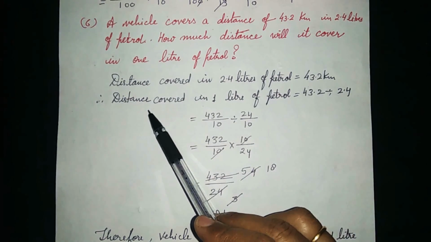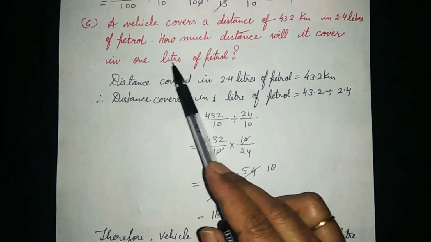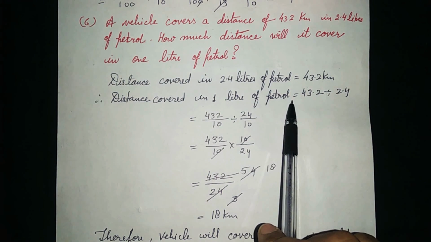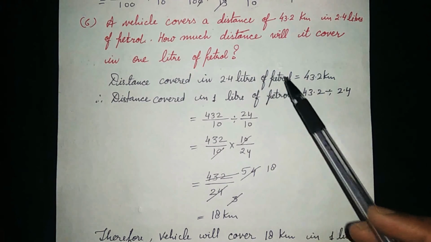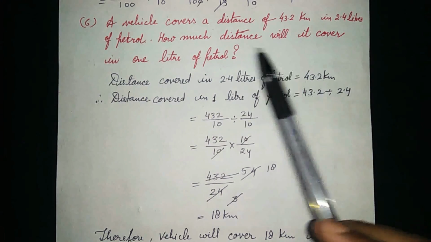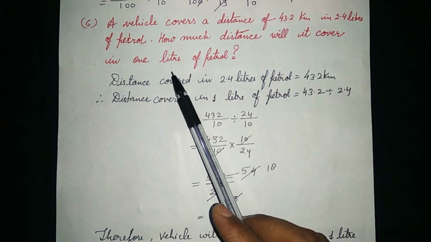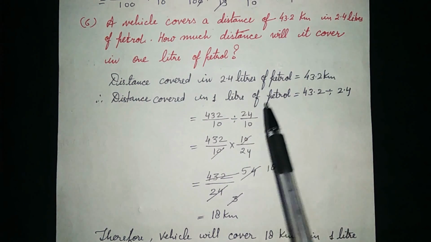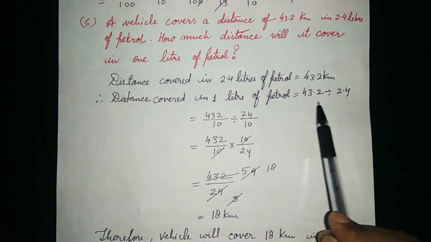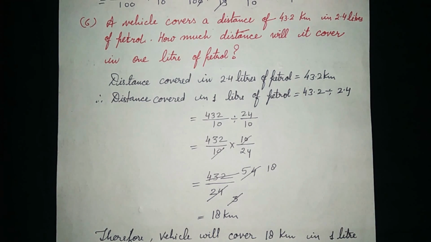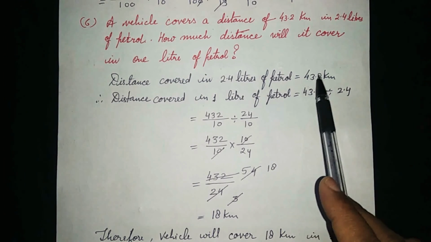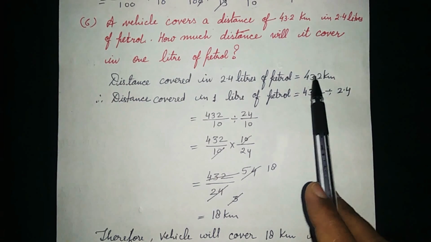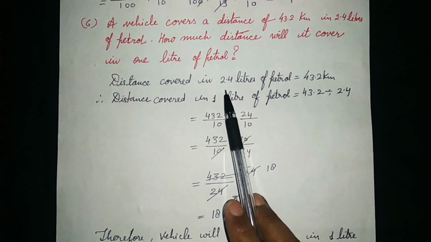So for the distance covered in 1 liter of petrol, what do we have to do? We will think, if the quantity of petrol decreases, then the distance will also decrease. So I think it is clear what you have to do. We will do division here. So for 1 liter of petrol, we will divide 43.2 by 2.4.